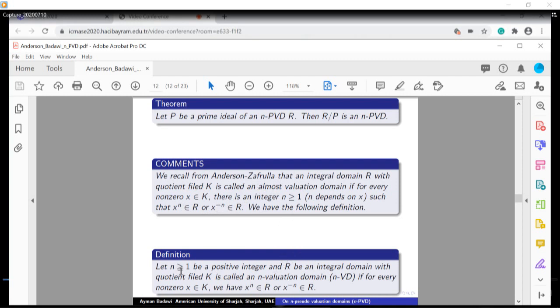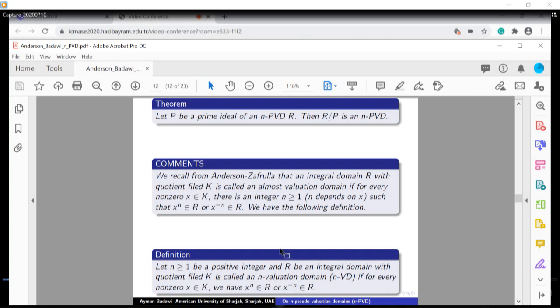So we fix an n, then R we call n-valuation domain if this is the condition: x to the n in R or x to the minus n in R. What does that mean? It means n-valuation domains are always almost valuation domains. But definitely, almost valuation domains do not need to be n-valuation.